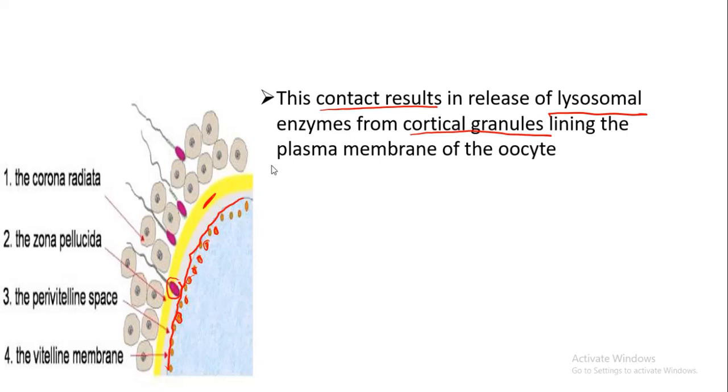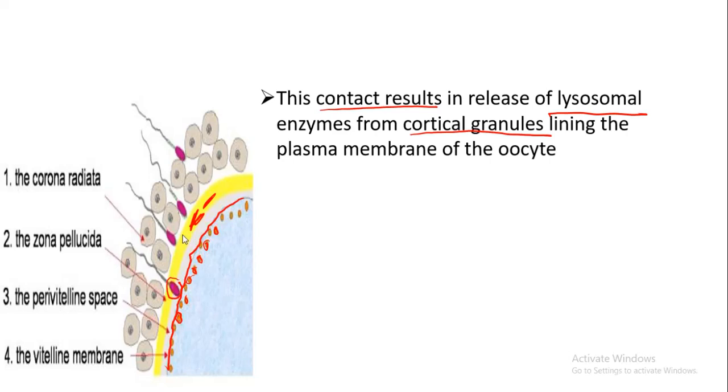Of the zona pellucida. In the previous slide, I gave a statement where I said, once the sperm binds to the membrane of the oocyte, the zona pellucida becomes impermeable.